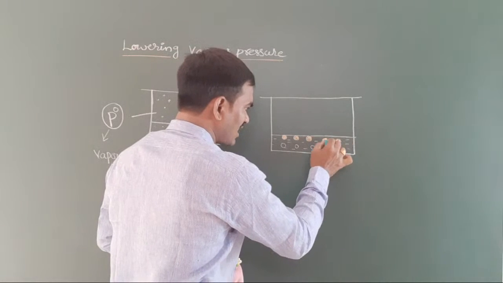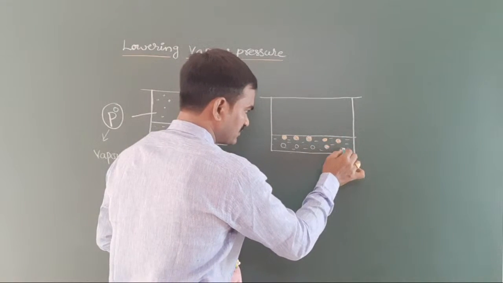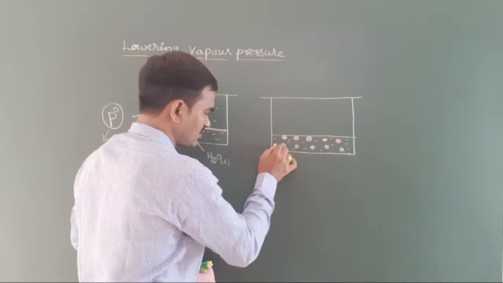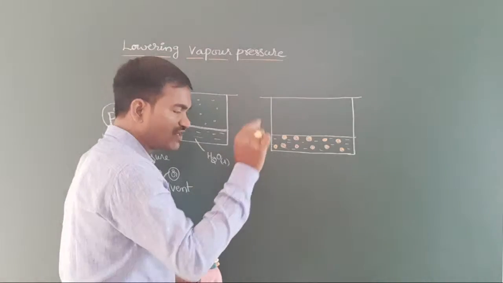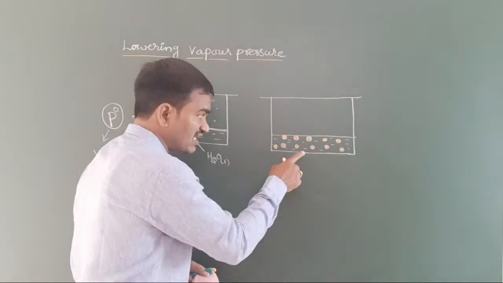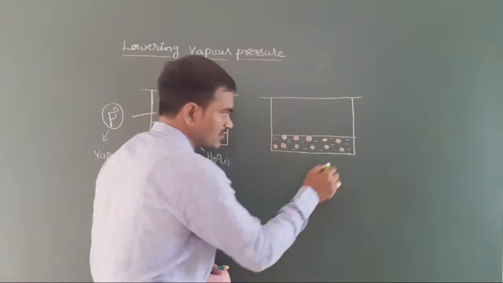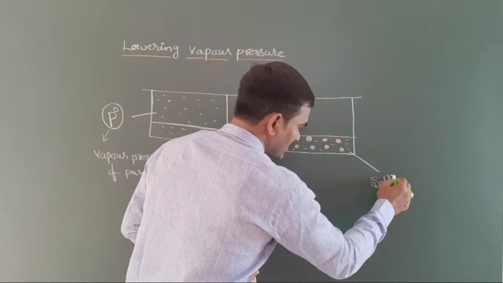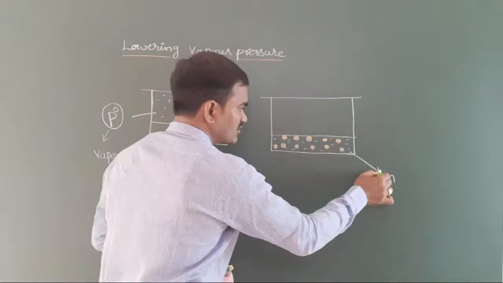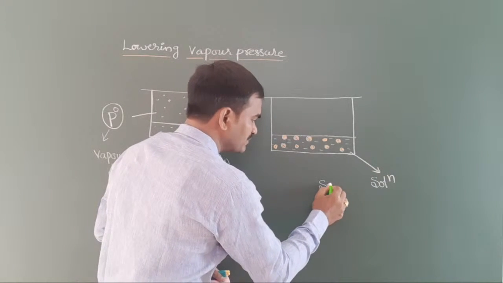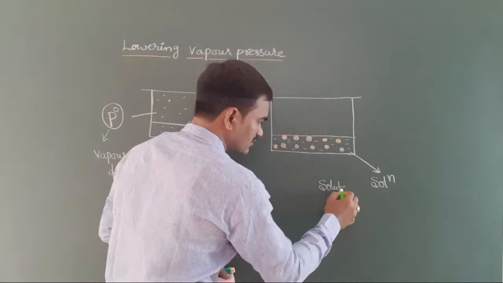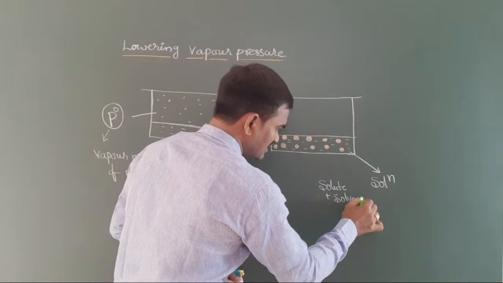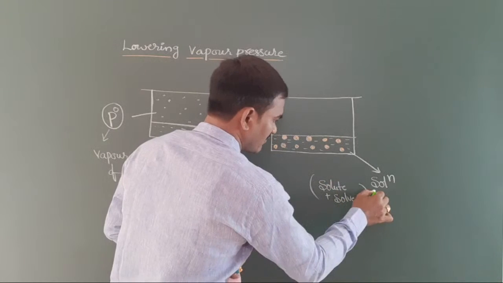Whenever you add a non-volatile compound, what is happening inside the solution? Everyone should remember, whenever you add a non-volatile solute, it becomes a solution, because it is having solute plus solvent. Have you got it?